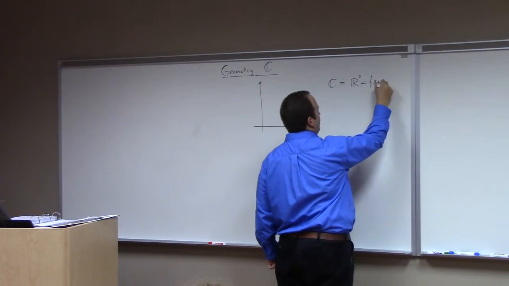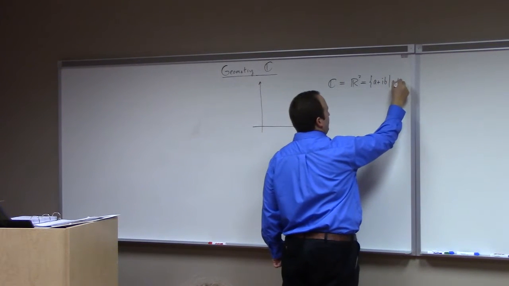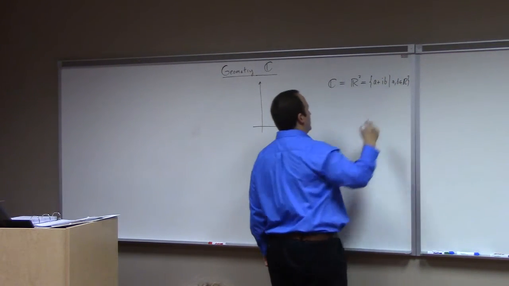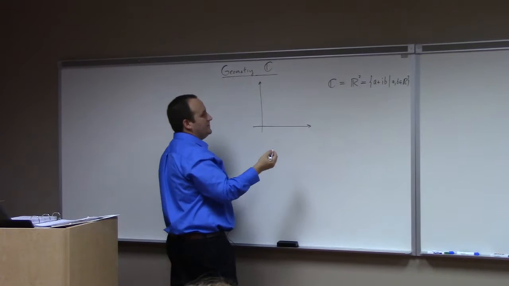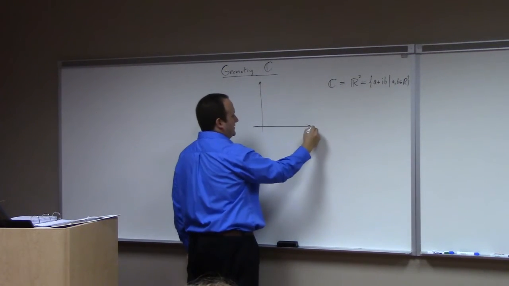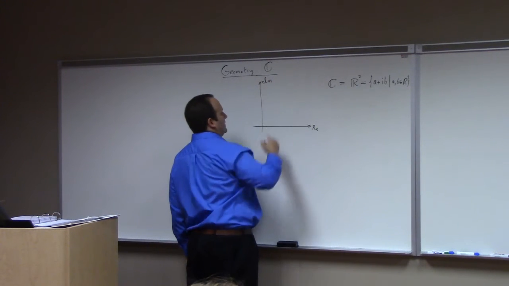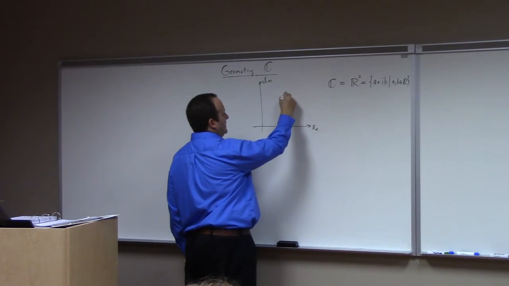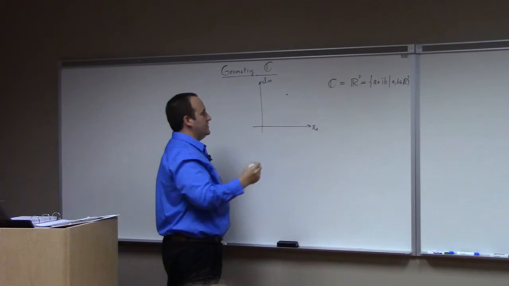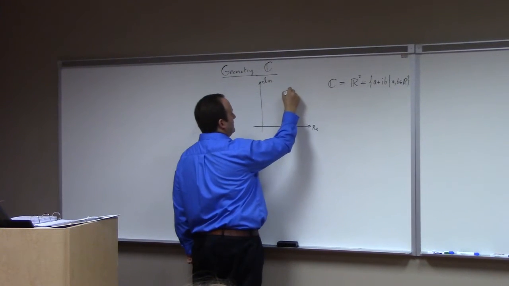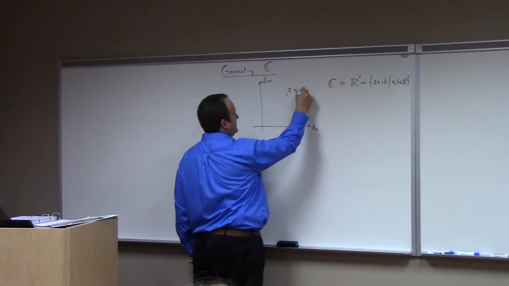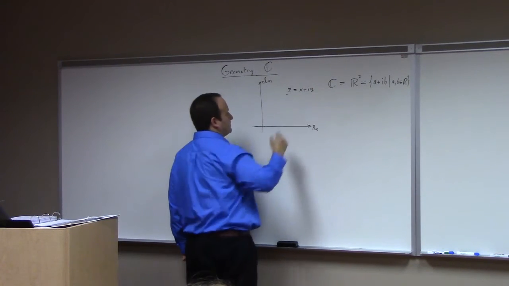It's a plus ib, such that a and b are real numbers. If you pick any point in the complex plane, this is usually called the real axis, this is the imaginary axis. If I pick a point, like say here, that point we could call, say, z, and it could be x plus iy, right?